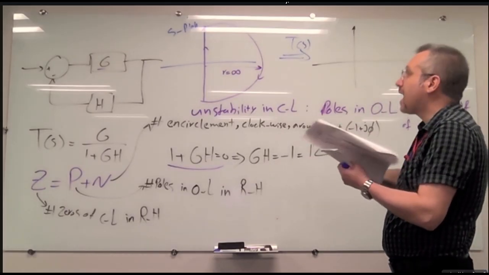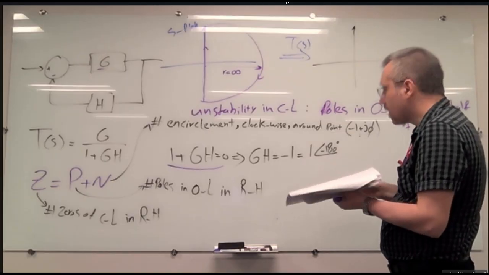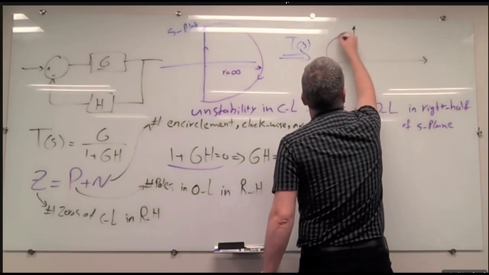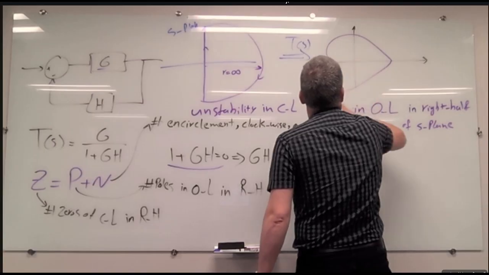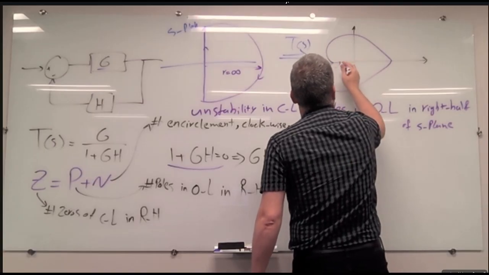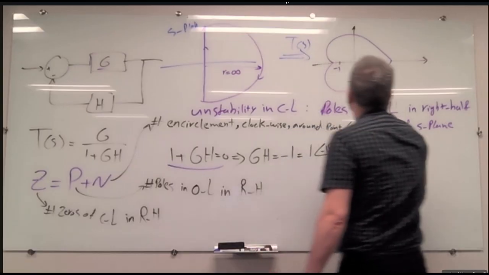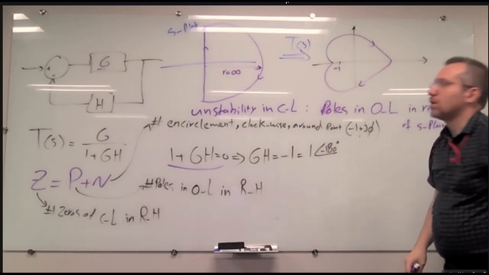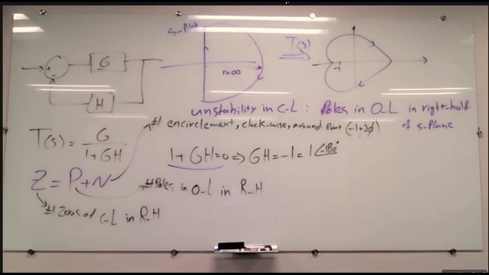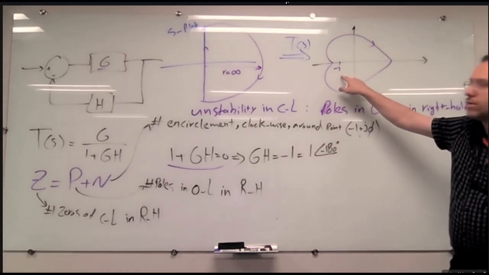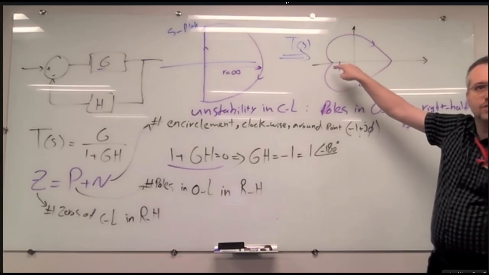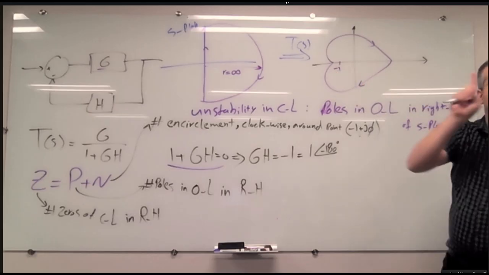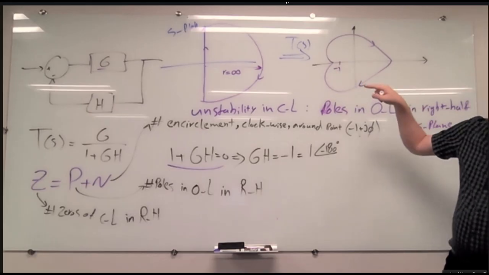Let's say we map that contour using T(s), and we end up with a contour such that the -1 is here, and this is, let's say, still clockwise. Then here we encircle the point -1 one time clockwise.